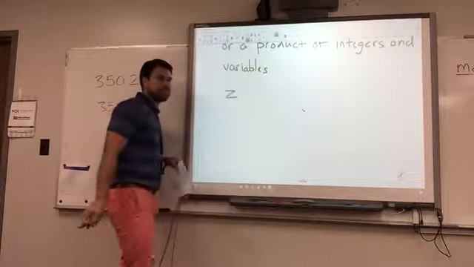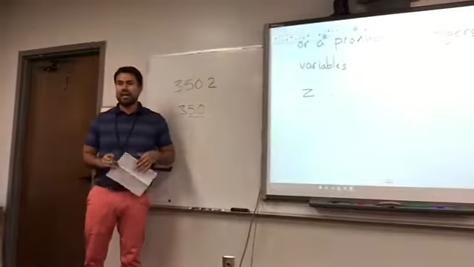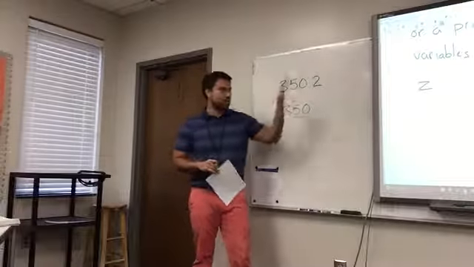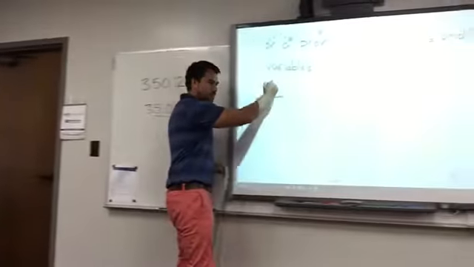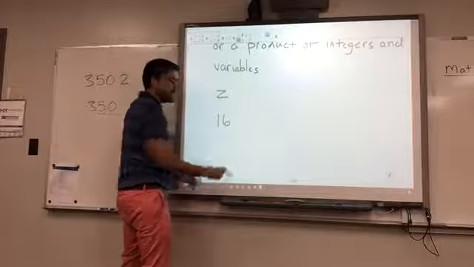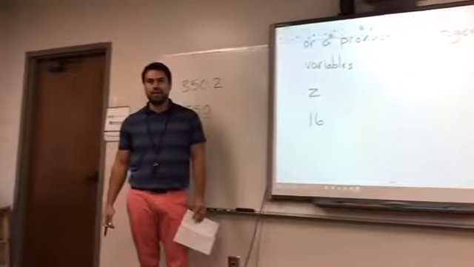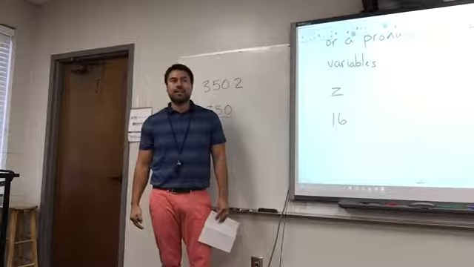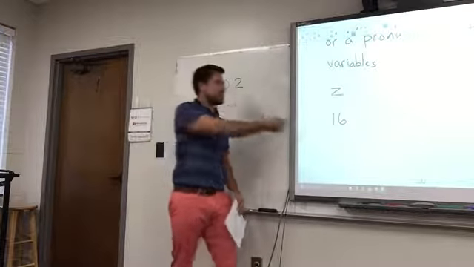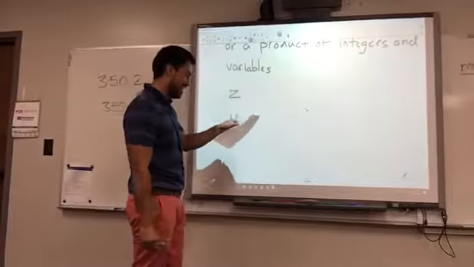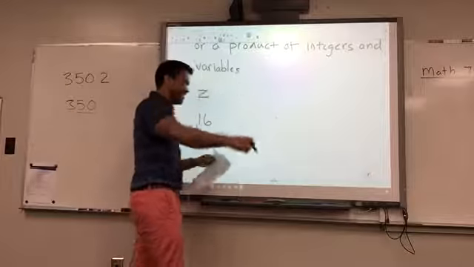The letter Z. That is a monomial. Why? Because it is a variable. So easy. Here's another one: 16. Is it a monomial? It's just an integer. 16 is an integer. That's all right. It could be made into a product, though. That is correct.